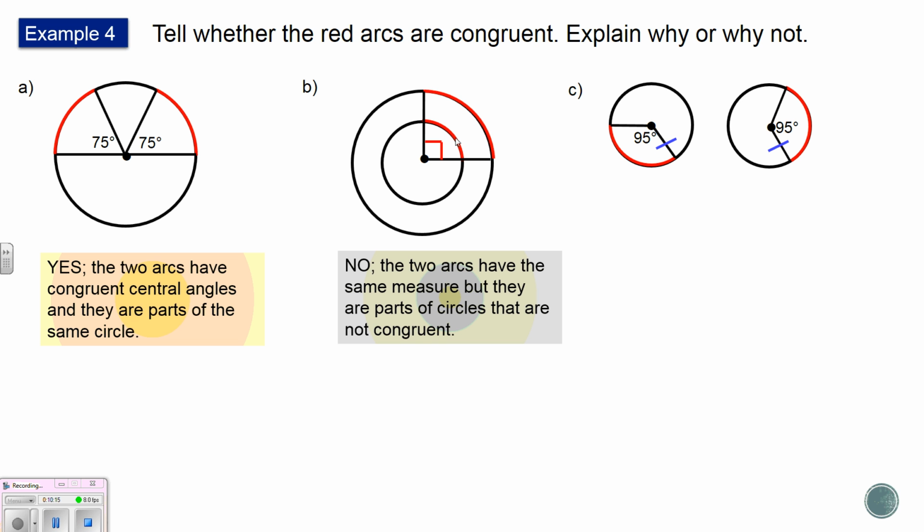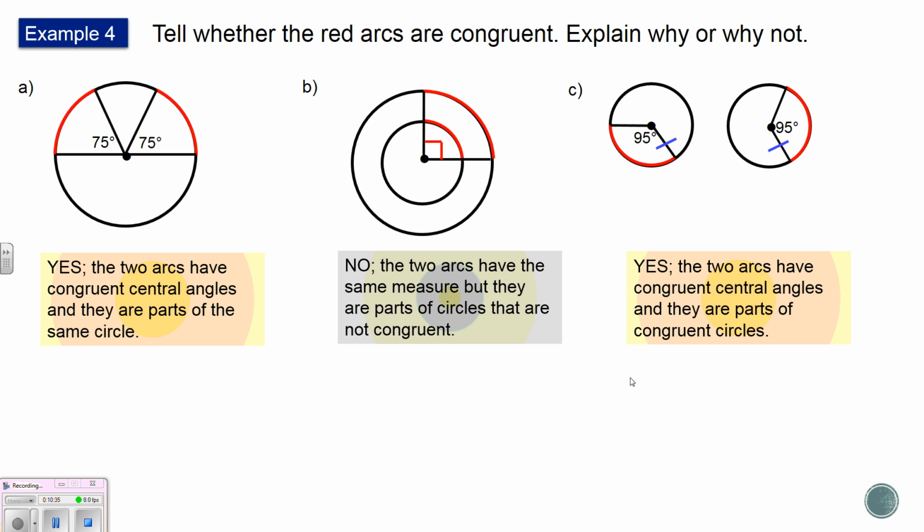It would definitely take this person a shorter amount of time than that person. So because those lengths are not the same, the arcs are not congruent. And then over here, these are both 95 degrees. We can tell the circles are congruent because they have congruent radii. So yes, those arcs are congruent.